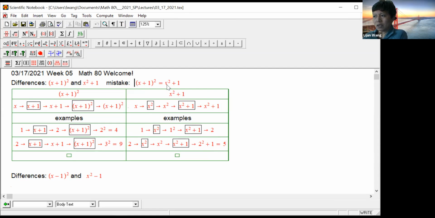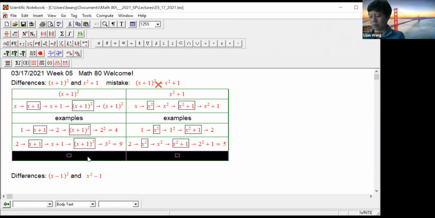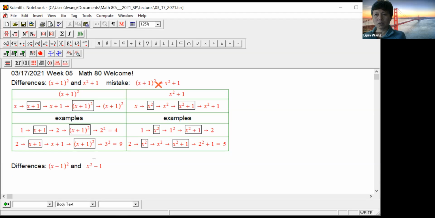So they are not equal. They're not equal. This is a terrible mistake. Okay? So these two are entirely different.